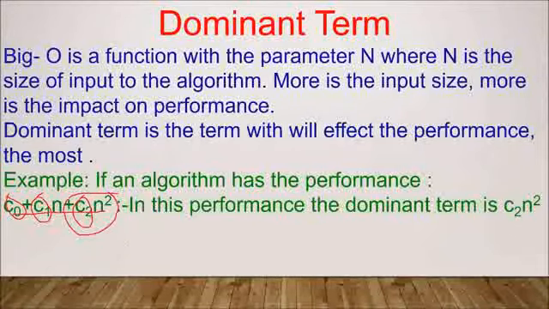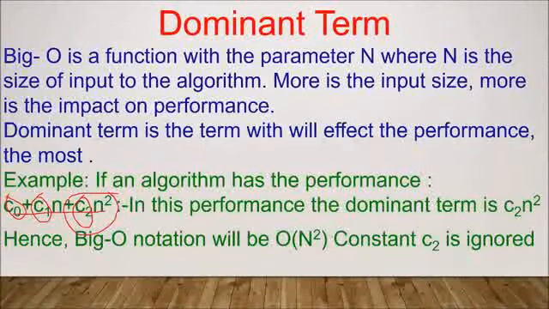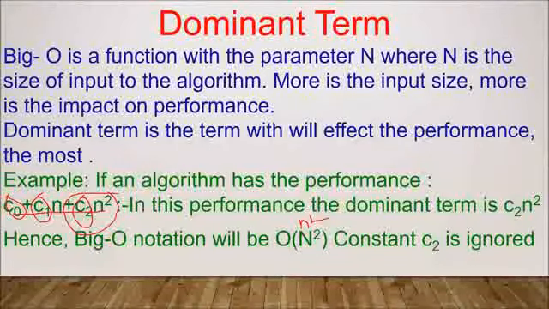So the notation will be written in the form O(n square). You can write small n also, or capital N. We will ignore the constant and write the term according to the input.